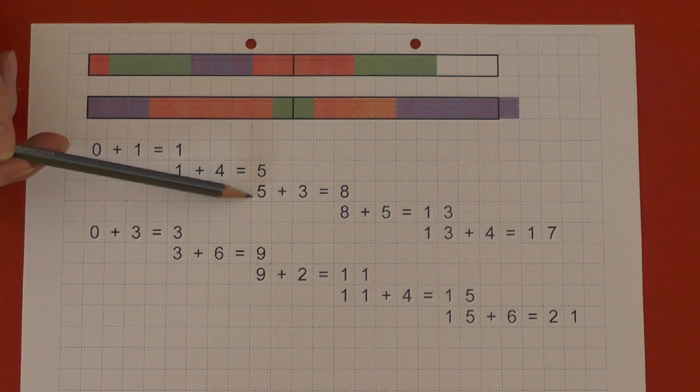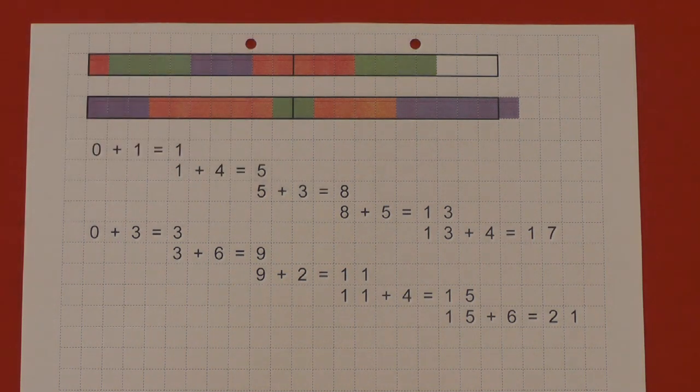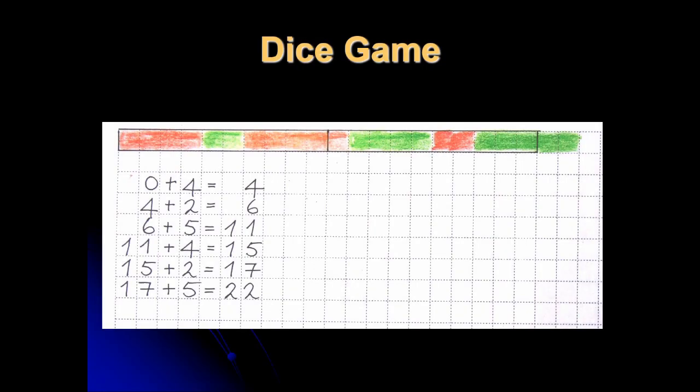I started with 5 and I threw 3, so now I have 8, and so on. The next stage is to invite the children to write these under each other vertically, and most children prefer to do this and willingly adopt it, but those who would prefer to carry on writing diagonally should do so.